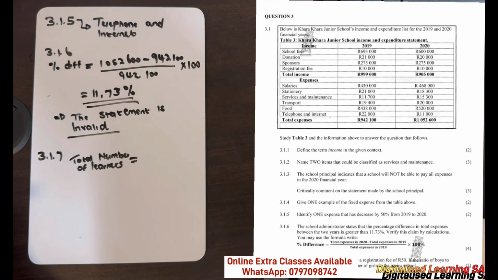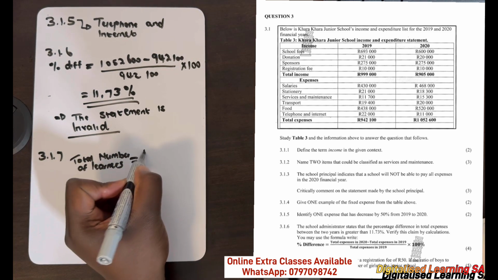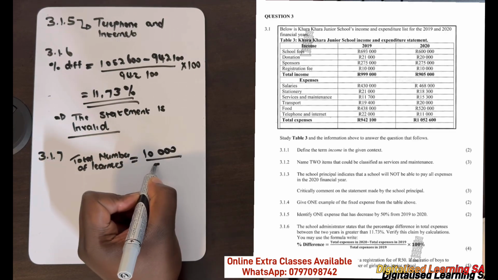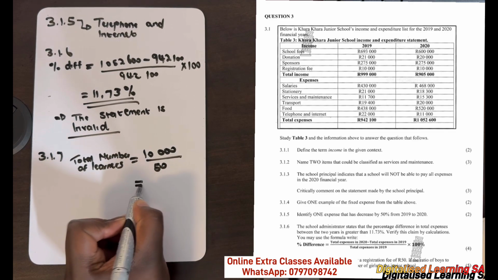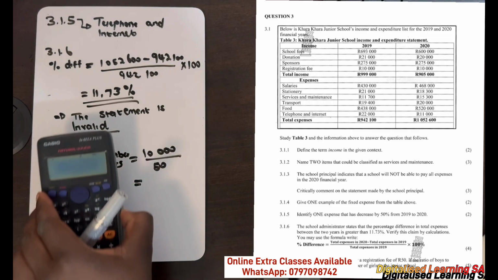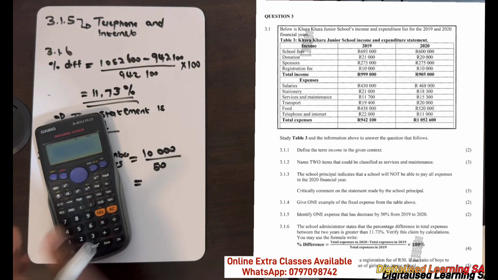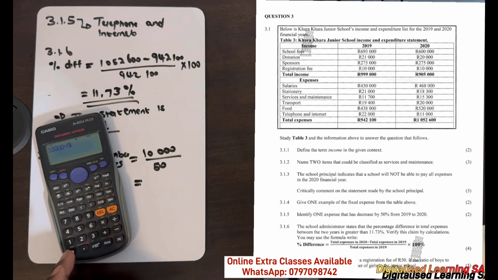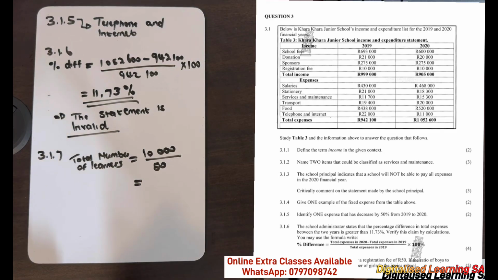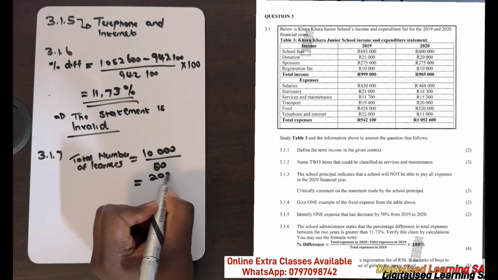So to get the number of learners, we take the 10,000 and divide by 50. Our answer will be 200, meaning that this school has 200 learners.